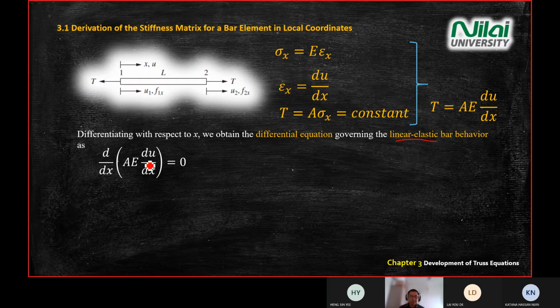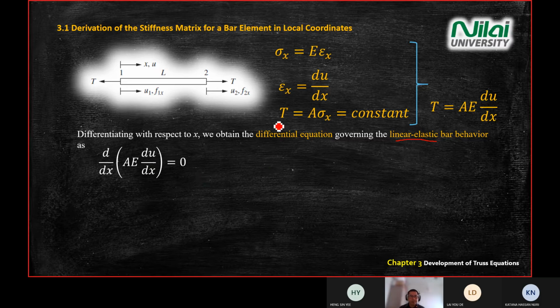So this mathematical model, if you write d over dx of something equal to 0, means there's a steady state. We have a steady state behavior. In this case, we have a linear elastic bar where the tensile force is under a constant value.